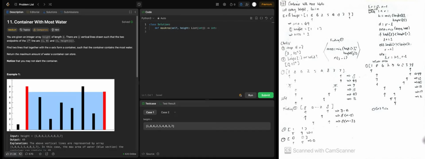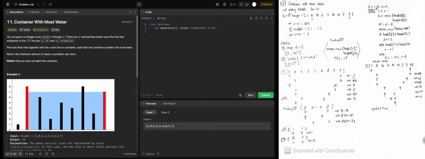There are n vertical lines drawn such that the two endpoints of the ith line are (i, 0) and (i, height[i]). Find two lines that together with the x-axis form a container such that the container contains the most water. Return the maximum amount of water a container can store.